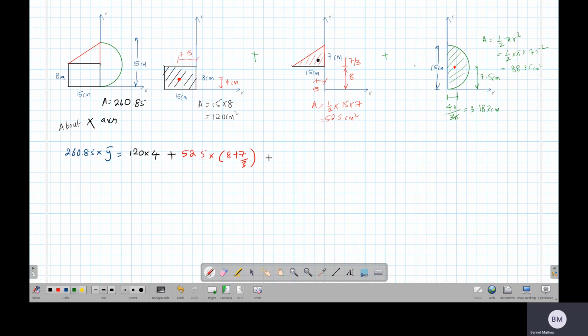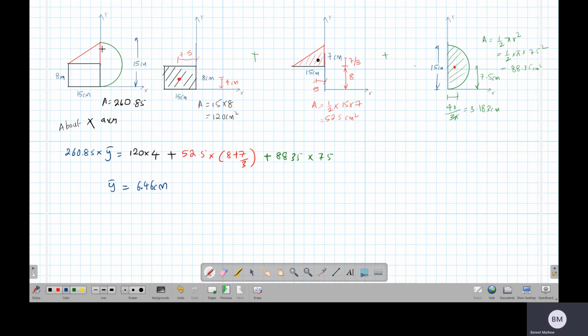In the semicircle, plus the area 88.35 times the distance, which is 7.5, the centroid distance. When you solve this, you will get y bar equal to 6.46 centimeters. So we have found the centroid.